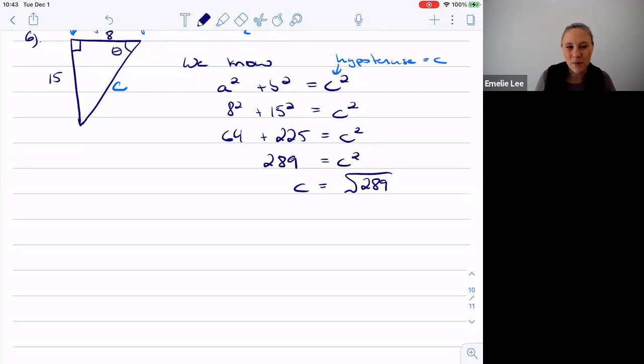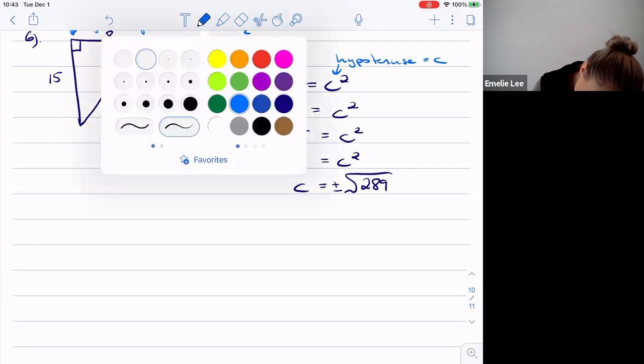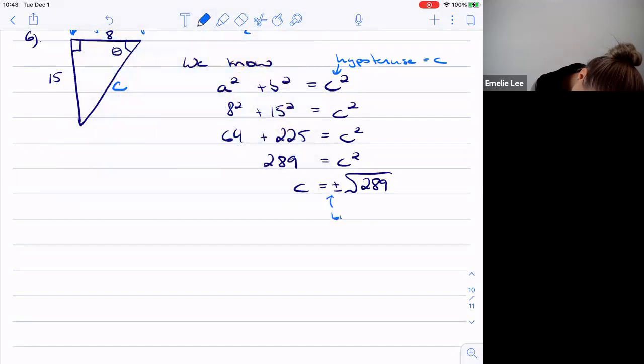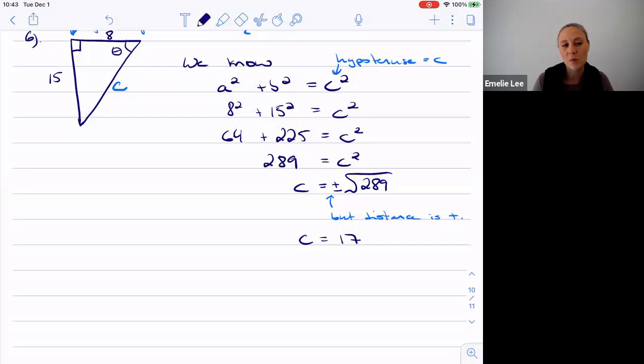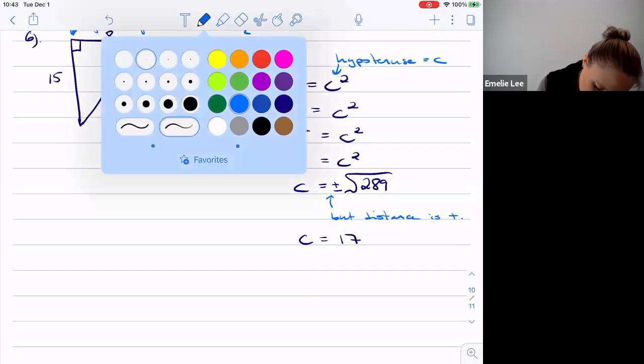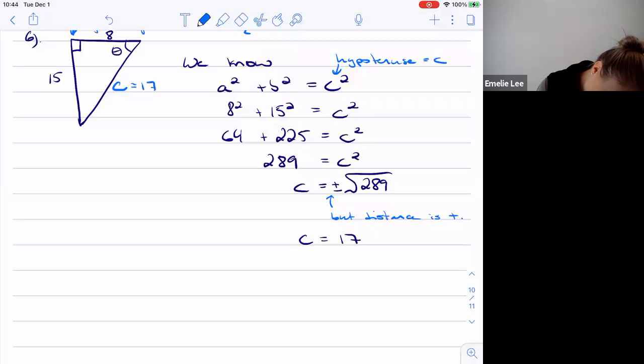It's the plus and the minus, but because distance is positive, you can kind of ignore it. The square root of 289 is 17, so c must be 17. That's not always going to be nice and beautiful like that. So c equals 17, we solve for that.